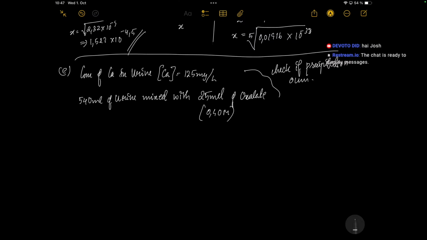So the calcium concentration is 125 milligrams per liter.